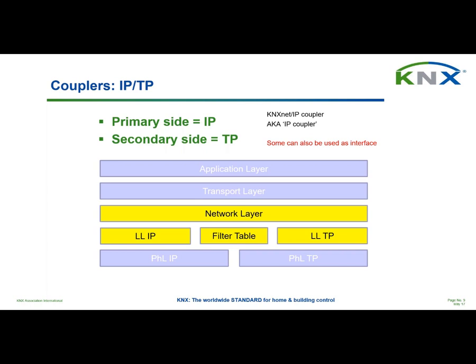Normally a KNX NAT IP coupler has a runtime role. It is routing telegrams, or routing frames, from IP to twisted pair and the other way around. So that's runtime. But most of them can also be used as an interface.